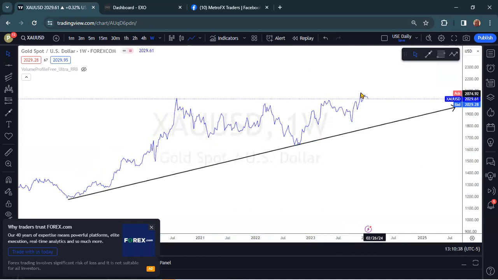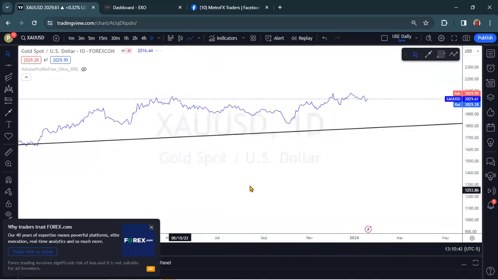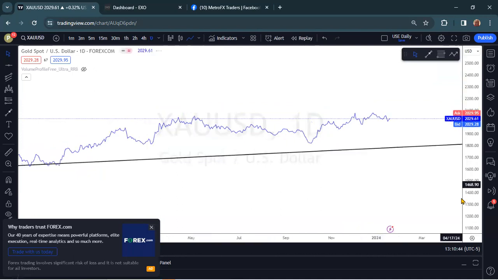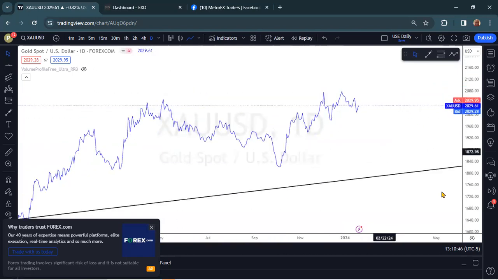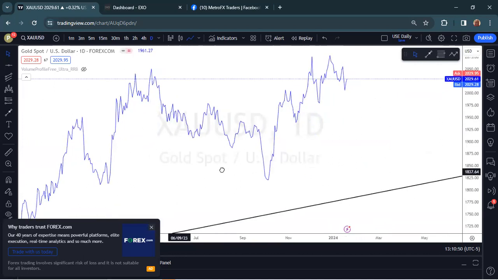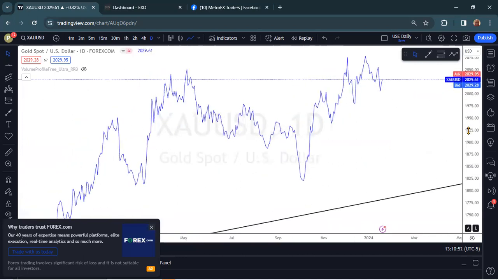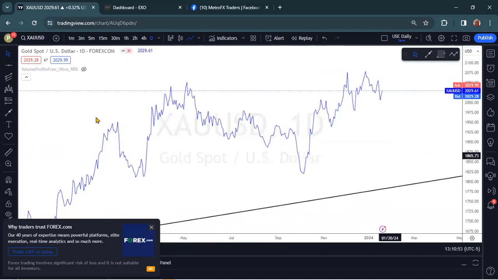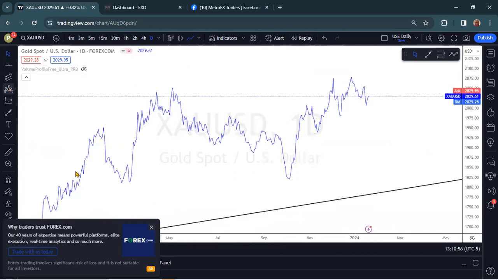I'm going to go down to the daily. And what are we looking for in a daily? We're looking for inverted, what's the word? Inverted head and shoulders.